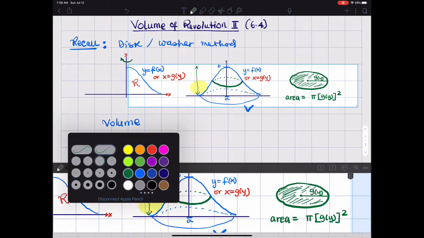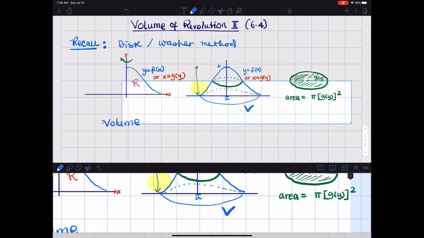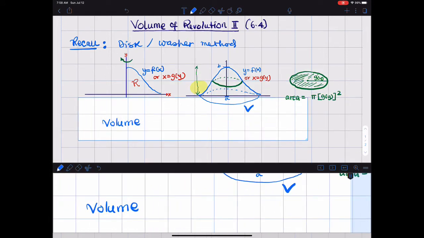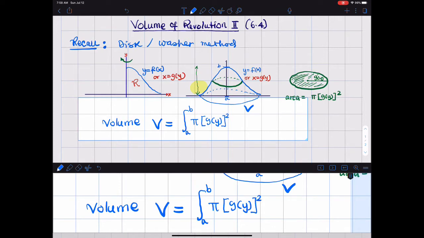And that's where integration comes into play, because the best way to add up such area is to integrate. So the volume is going to be the integral from a to b. A in this case is 0, but we're just going to write it as a to b of the area, which is pi, g of y squared, dy.